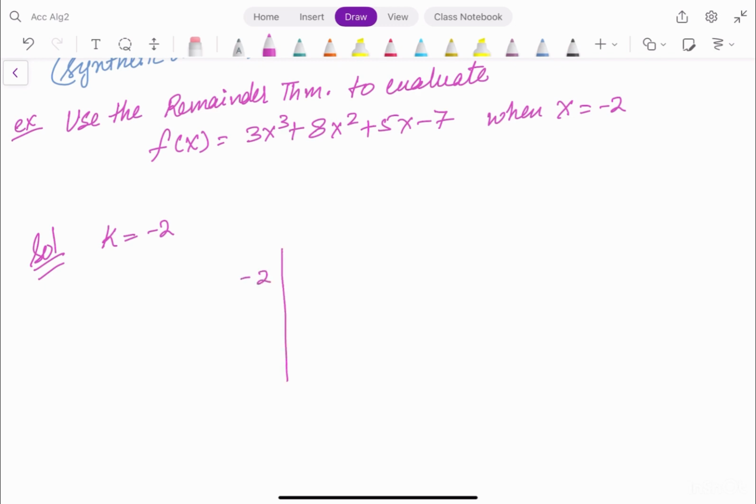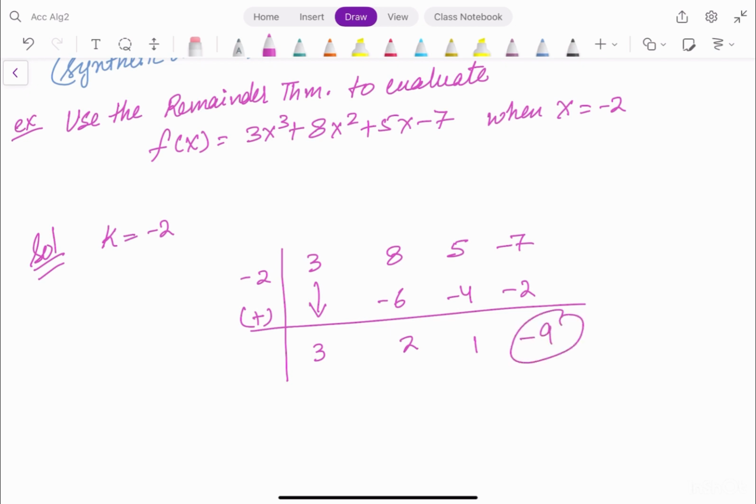So I know what k is, and we can write the synthetic division by taking the coefficients of the f of x function. So what's my first step? Bring 3 down. Bring the first term down, then keep on multiplying the numbers and do vertical addition. Now, when I do the vertical addition for the last number, I'm not getting a 0 this time. I got -9.